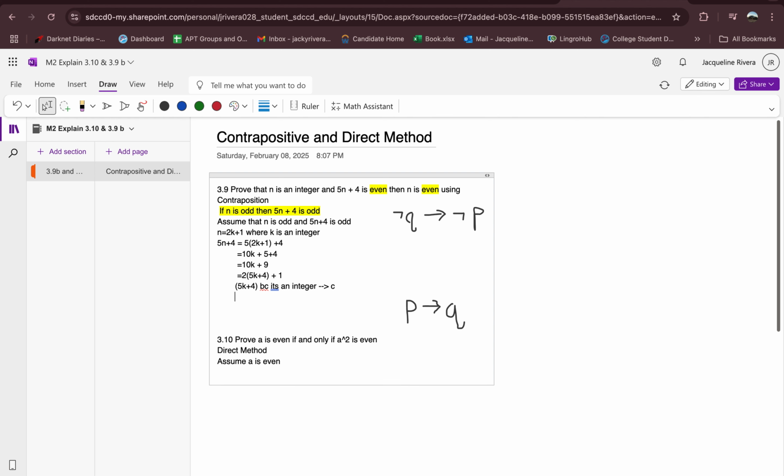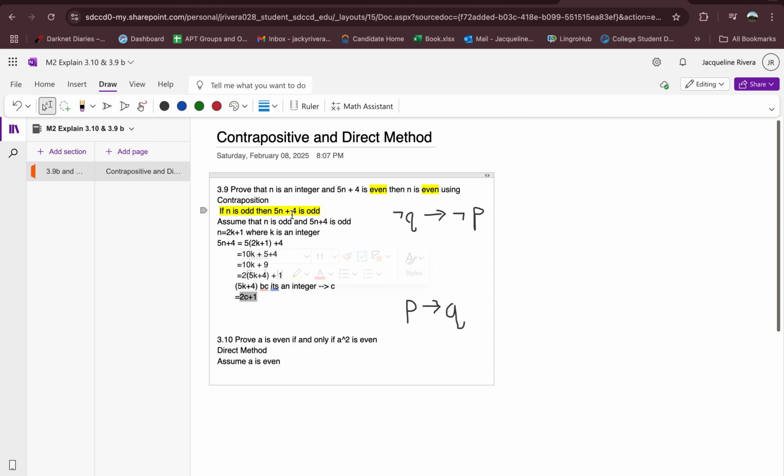So this will be 2c plus 1. And then right here, you can see, because we have that plus 1, that would make this odd.